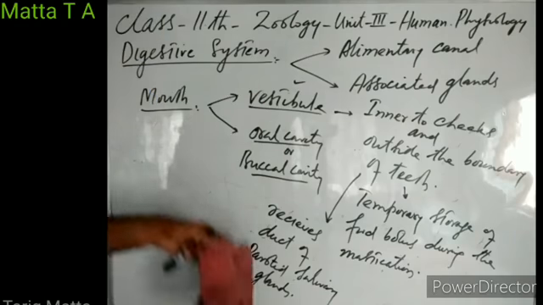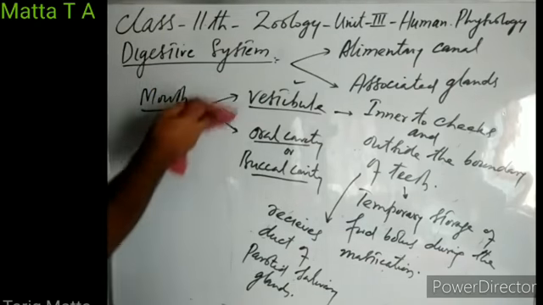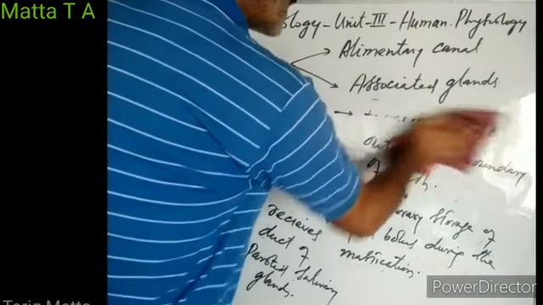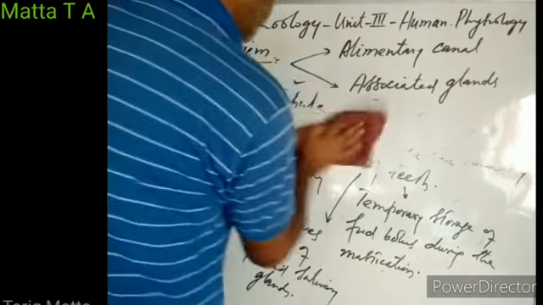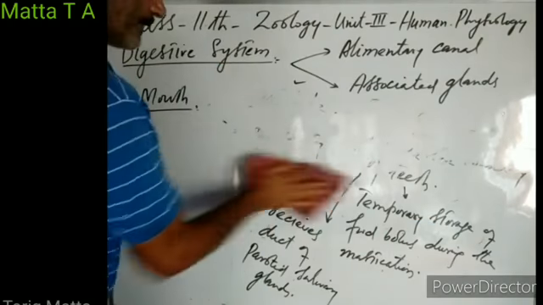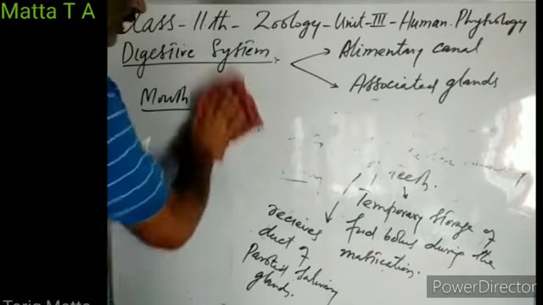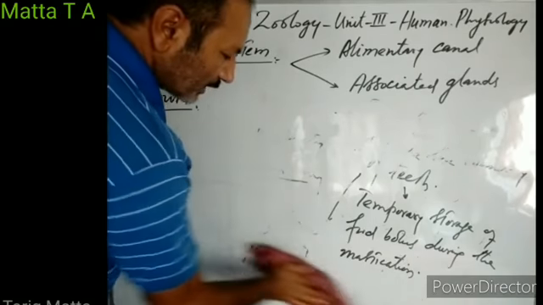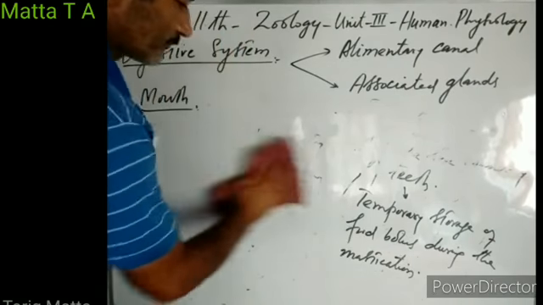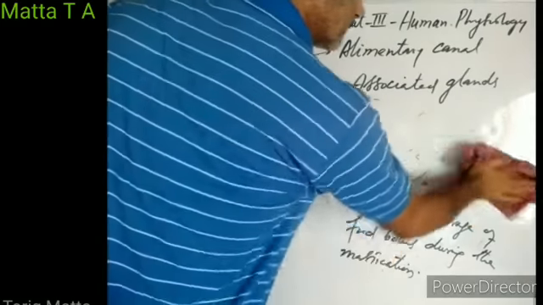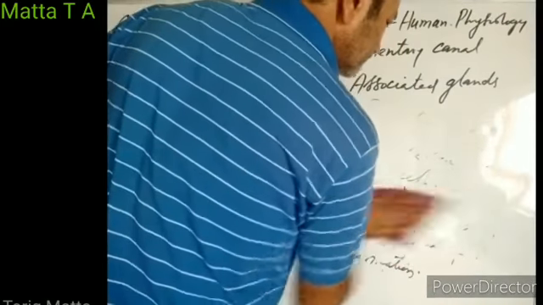Then inner to this vestibule, there is another cavity, which is known as buccal cavity or the oral cavity. This is the main cavity of our mouth. We will have a look at it.